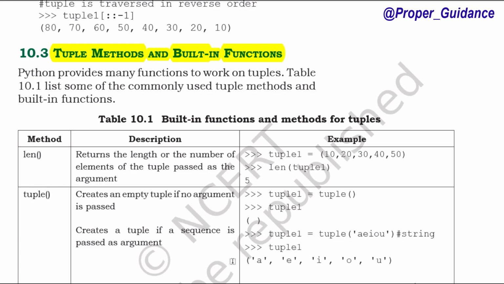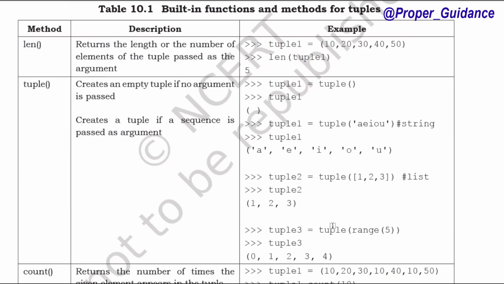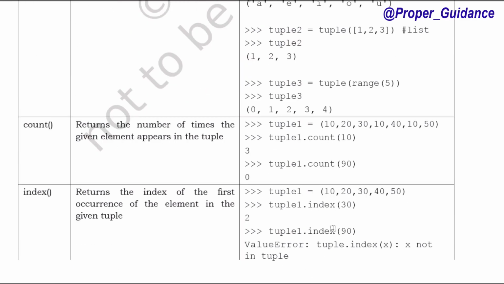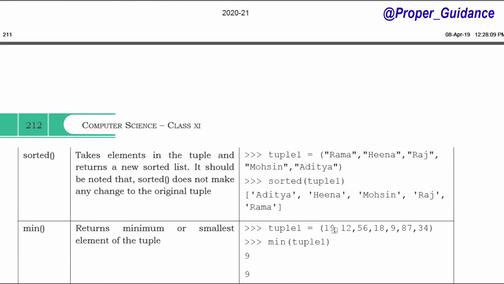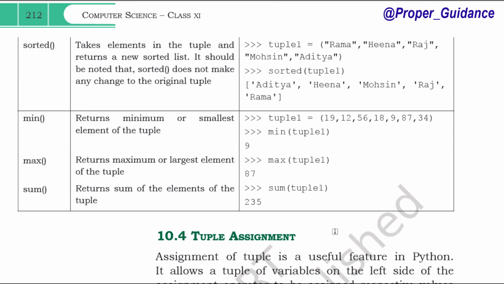What other methods are available for tuples? The len function, the tuple method; you may call it a function or a method, here we call it a method. The name of the method, description and example are all clearly discussed here. Please go through the entire chart. If there is any query, please feel free to ask me and clear it up.